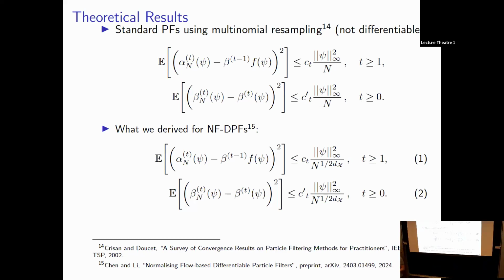So it's not as good as 1 over n. The main reason is that the optimal transport-based resampling approach is introduced, so there's some bias introduced there. And there's really limited theoretical work in this part. So if you are interested in this, I think there will be some really nice directions that we can explore.